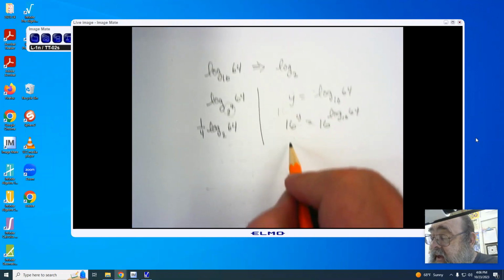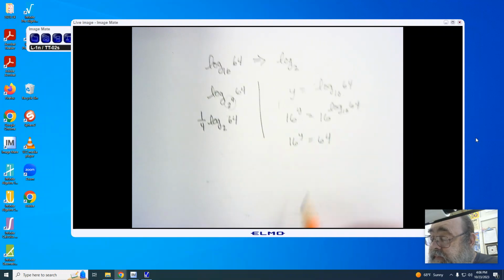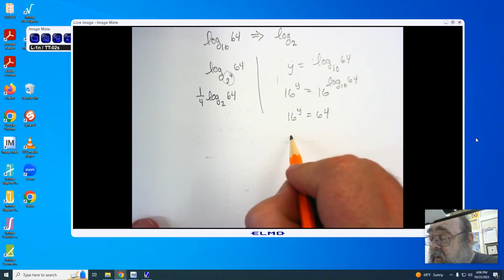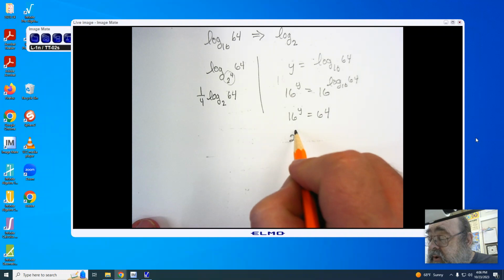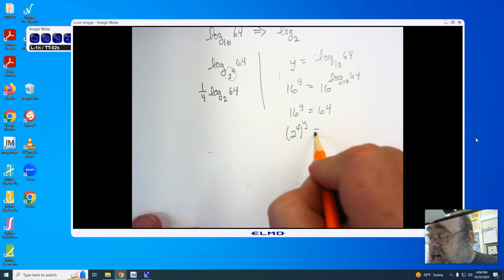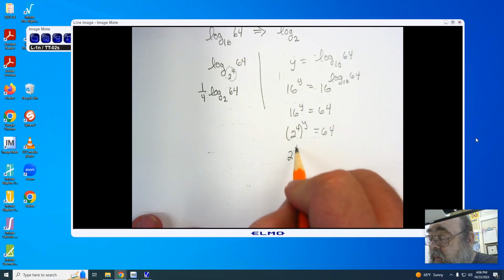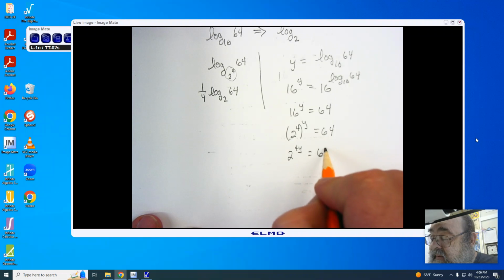This then gives me 16 to the y equals 64. But I know that this is really 2 to the fourth power to the y, and it equals 64, which means that I'm looking at 2 to the 4y is equal to 64.